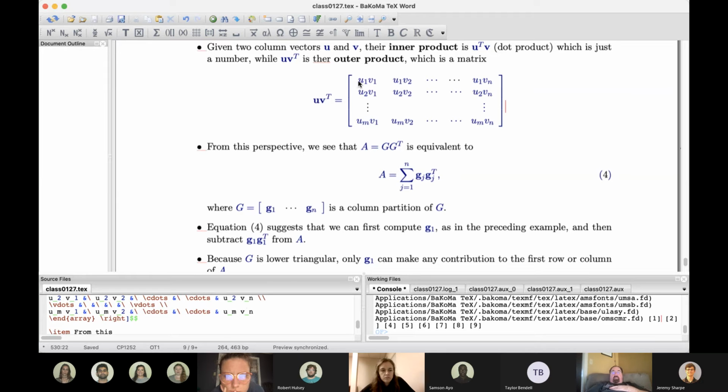Notice that the first row is a multiple of v, the second row is a multiple of v, and so on. First column, multiple of u_1, second column, multiple of u_2, and so on. So all the rows are multiples of each other, and all of the columns are multiples of each other.